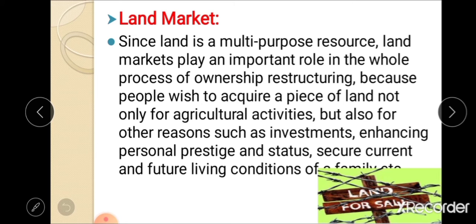The land market plays an important role in the process of ownership restructuring, because people wish to acquire a piece of land not only for agricultural activities, but they purchase land for other reasons like investment, enhancing personal prestige and status, and securing current and future living conditions of the family, etc. So this purchasing of land and this land market ultimately leads to the fragmentation and subdivision of land holding.